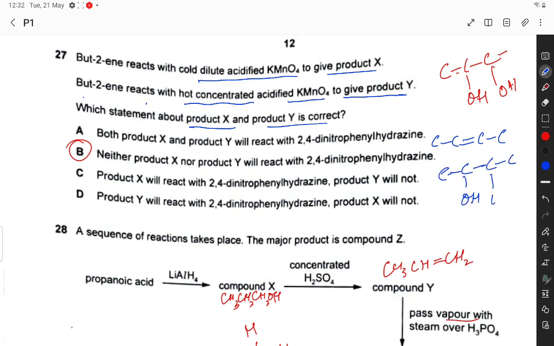Diol is formed in this case with cold, and with hot, 2 moles of carboxylic acid are formed.